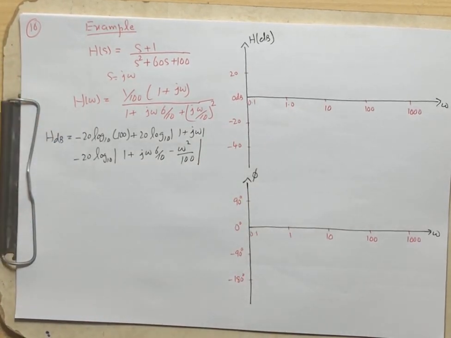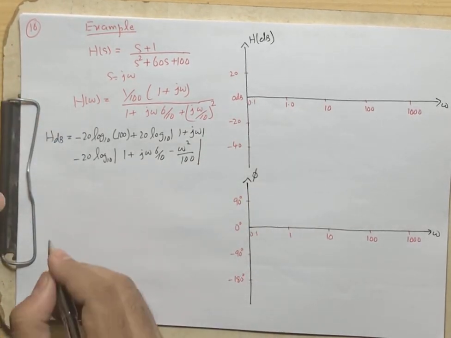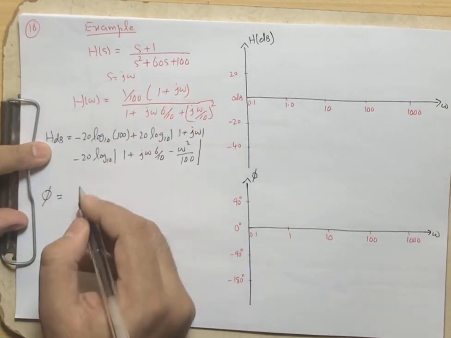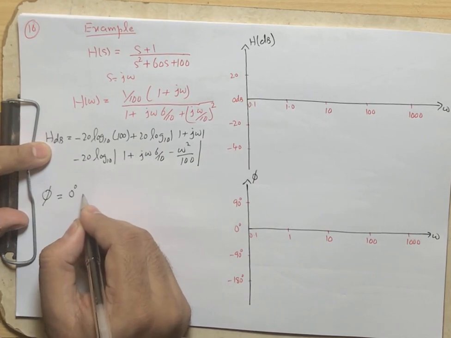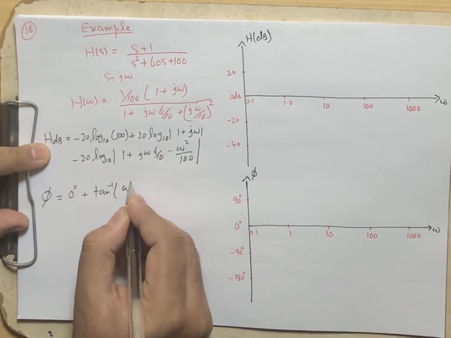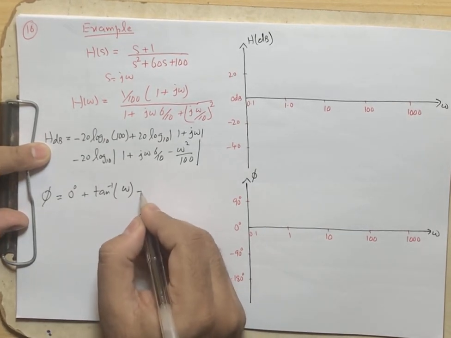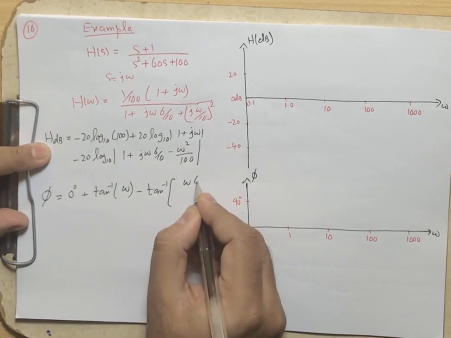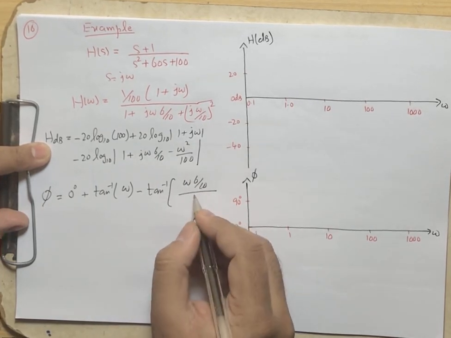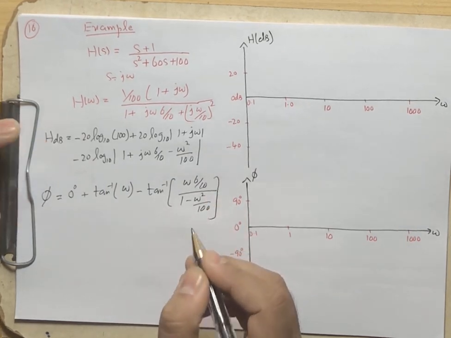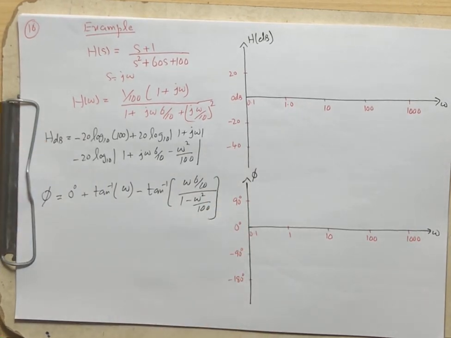So this is the equation of the magnitude. And for the phase, the angle of this constant term will be 0, plus tan inverse of omega, minus tan inverse of omega 6 by 10 over 1 minus omega square by 100. So this is the equation.